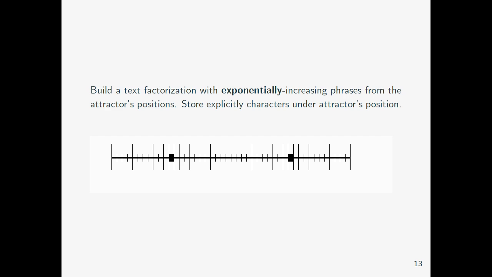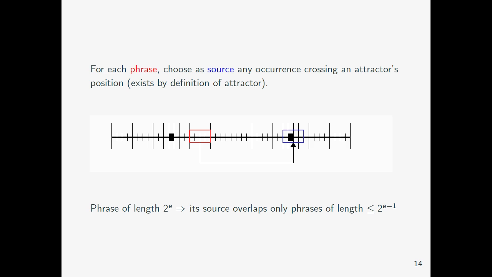First you build the phrases, and then you have to show how to choose the sources. For each phrase, like this red phrase, as a source you pick any occurrence that crosses an attractor. This occurrence exists by definition of attractor. So just pick one of these occurrences, and do this for every phrase. Then it's sufficient to note that if you are inside a phrase of length 2 to the e, then the source overlaps only phrases of length at most 2 to the e minus 1.